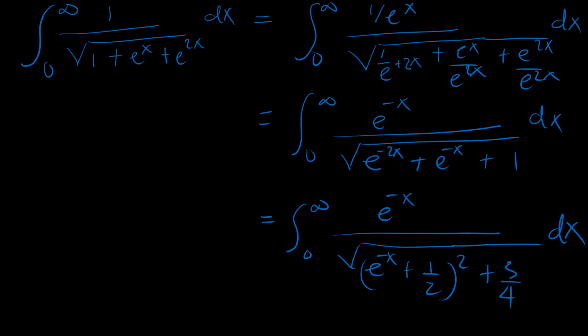Let's continue. So our integral now becomes the integral from x equals 0 to infinity of e to the power negative x over the square root of e to the power negative x plus a half, squared, plus 3 over 4.